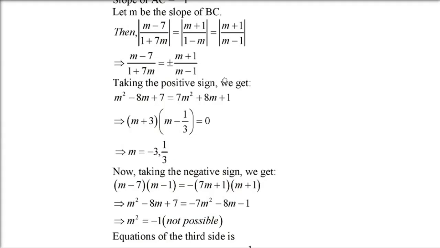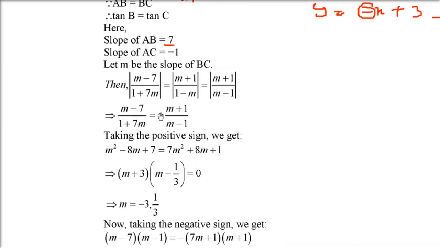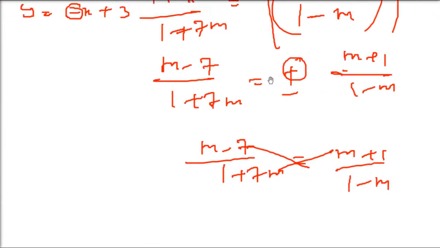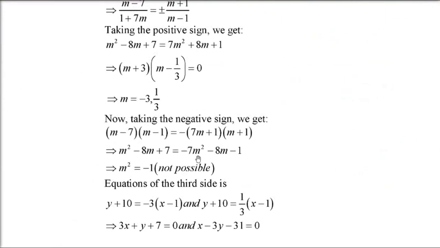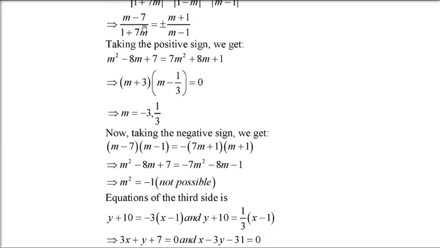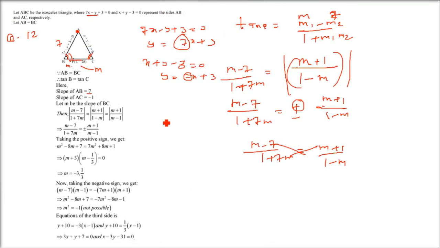Now if you take the negative, you get an equation where m square becomes minus 1, which is not possible. So the negative side you can just ignore. You have m as minus 3 and 1 by 3.